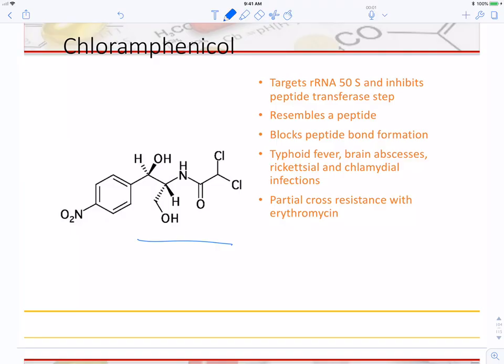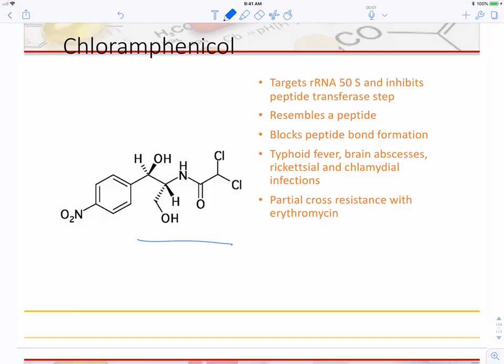So the toxicity of this antibiotic is related to an interesting phenomenon. If you think about it, what has ribosomes that resemble bacterial ones in eukaryotic cells? That will be mitochondria.